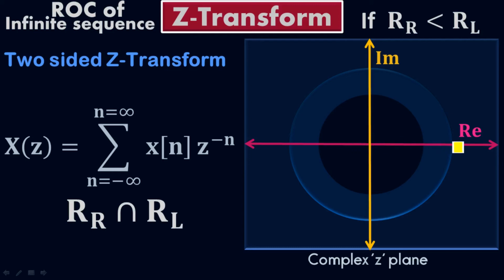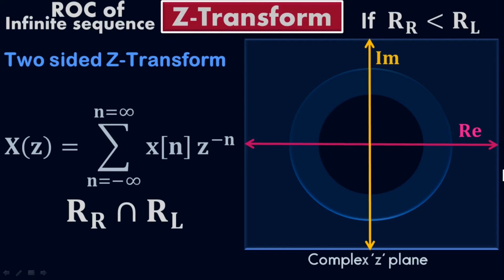When it comes to the two-sided Z-transform, it is the addition of the left-sided and the right-sided Z-transform. So we're gonna add their regions of convergence. When you add them together, the common region will be the region of convergence for this two-sided Z-transform. Other than the common region won't be the region of convergence. Only the common region, this ring shape, will be the region of convergence.